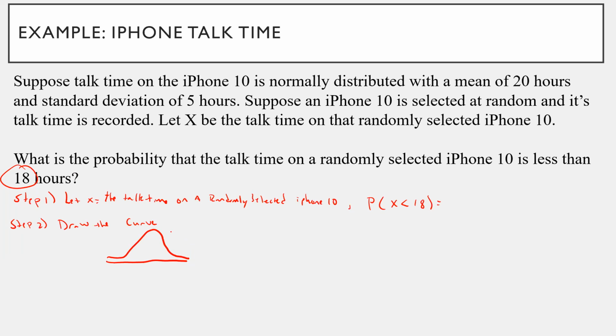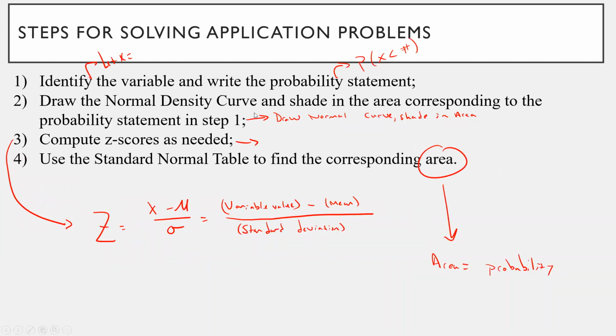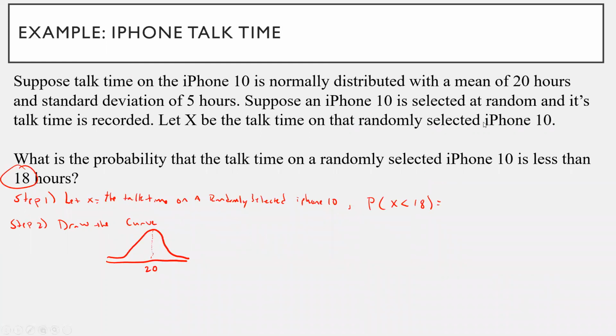What did I say the mean was? Mean was 20. And I want to be less than 18. So you're going to draw the curve and then shade in the area. So I want to be less than 18. So 18 is to the left of it, and then I want to be less than. So I'm going to shade in some area.